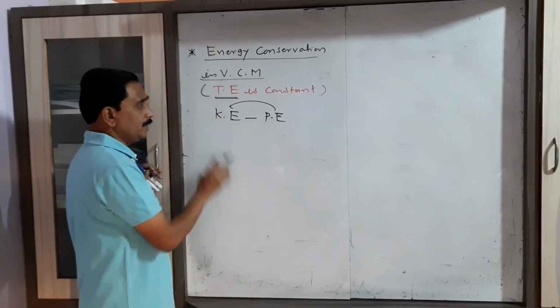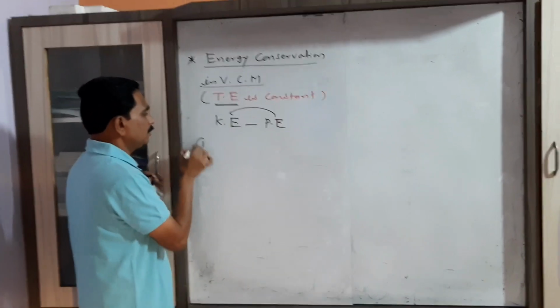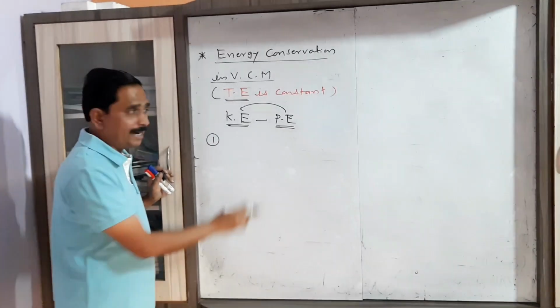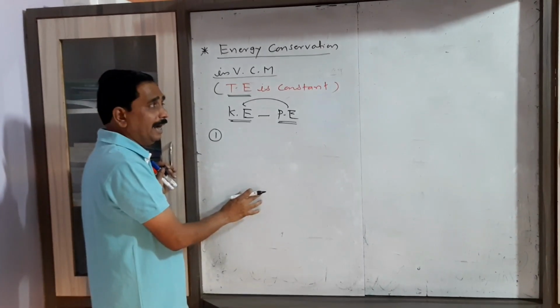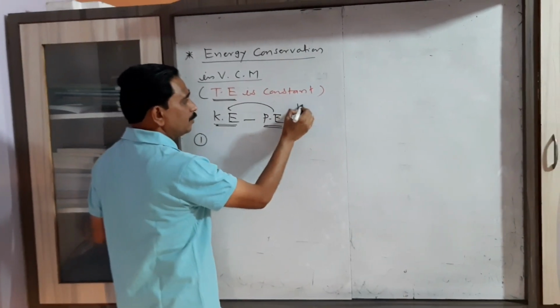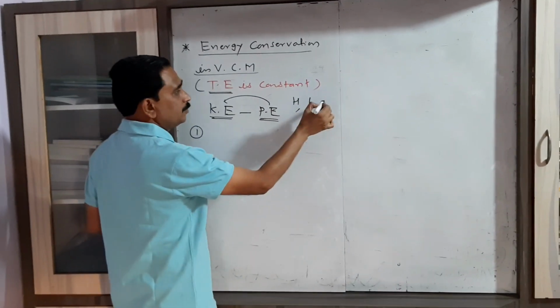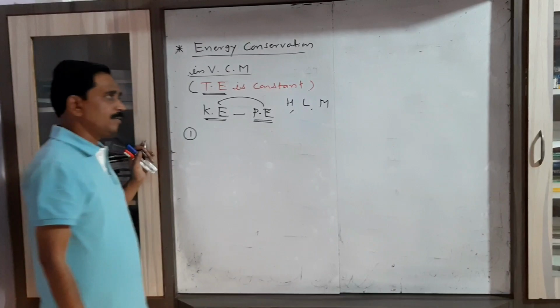Now to prove this, you have to consider the two values, that is kinetic energy and potential energy, at the three standard positions: at the highest position, at the lowest position and at the middle position.